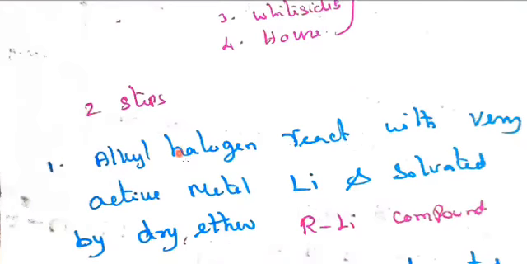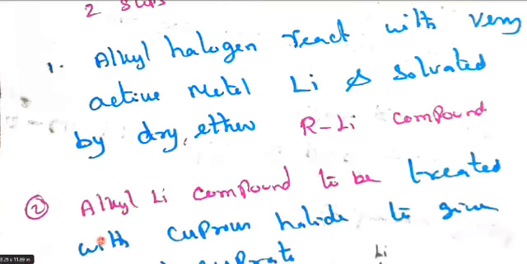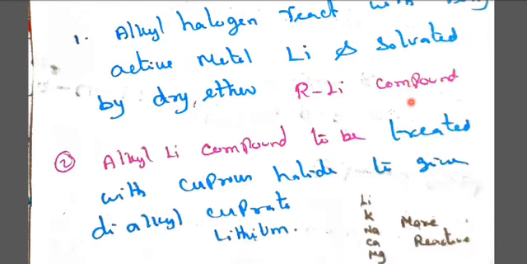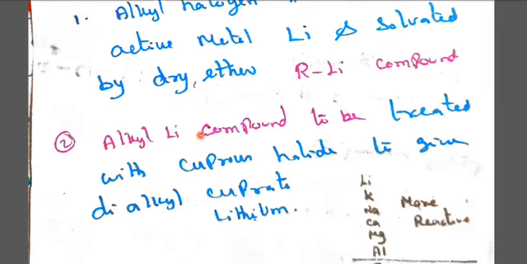There are two steps, and those steps are very, very important. What are the two steps? First, the alkyl halide reacts with a very active metal like lithium, which is the best active metal, solvated by dry ether, to give an alkyl lithium compound.